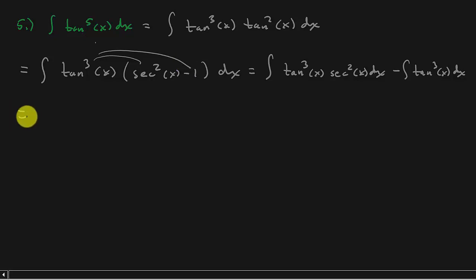So this first one is going to be okay, because here I can let u equal tangent and then du would be secant squared. So that one's fine. It's this second one we need to worry about.